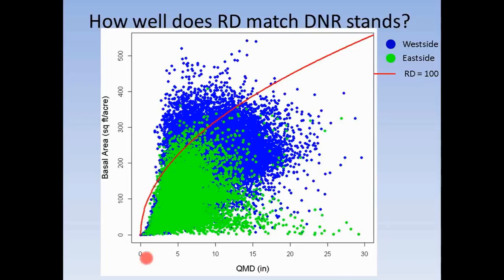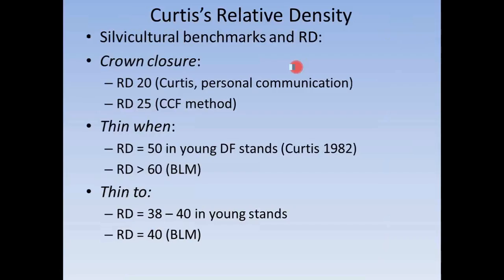But it's not too bad. It does a better job than just some straight level basal area of capturing what's going on at this low end. And as we go up here, we're not quite capturing that high end as well. But this is basically what we'd expect to see as the top level of RD. We also have to point out that Curtis was working in an era with much, much less computational power than we have now, and less data.